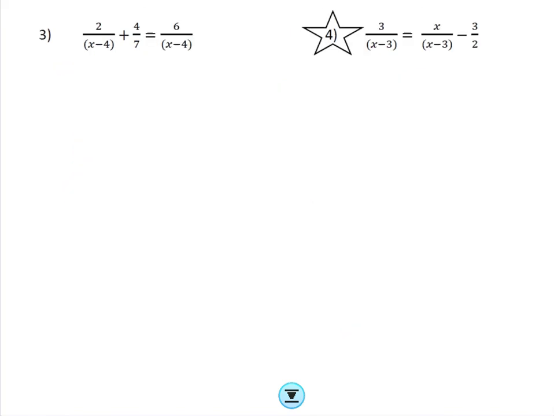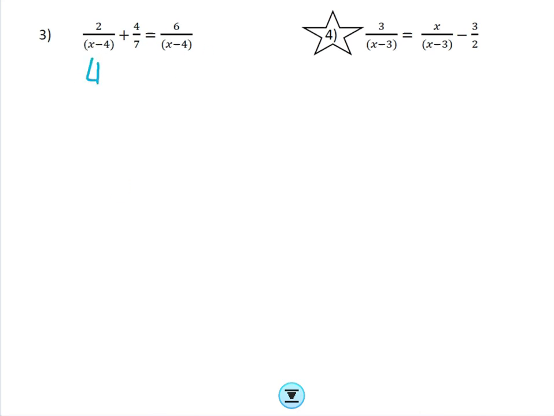All right, number 3. Now this is getting into more of what we're seeing in our previous week stuff, where we have not just x, but a factor like x minus 4. We're going to treat this the same as we treated number 2. We want the rational expressions with the same denominator to be on the same side. The x minus 4 here is that common denominator.